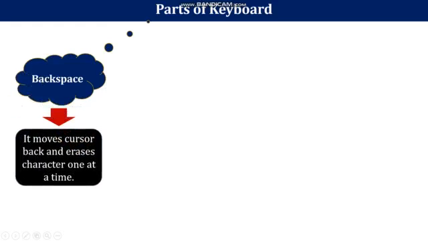Again, some more keys. Next one is backspace. I know you all are aware of the backspace. It moves the cursor back and erases a character one at a time. So backspace moves the cursor and erases one character at a time.